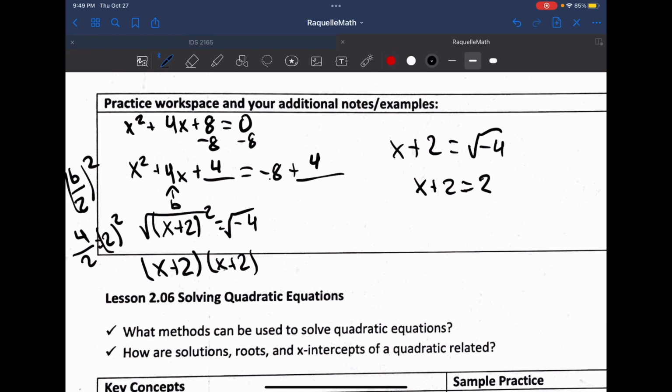We have to write it as 2i. And then we subtract 2 on each side to solve for x. Also remember there's a plus or minus when you do a square root. So we get -2 plus or minus 2i. So that is how you complete the square.